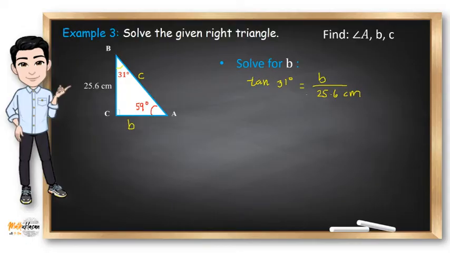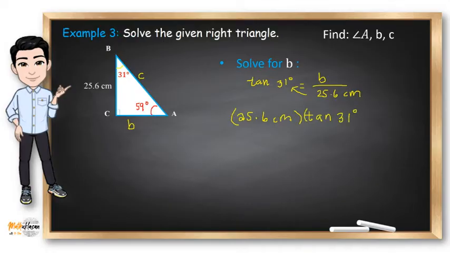Now, how do we solve for B here? All we need to do is to cross multiply these two terms so that it will become 25.6 centimeters multiplied to what? Tangent 31 degrees.